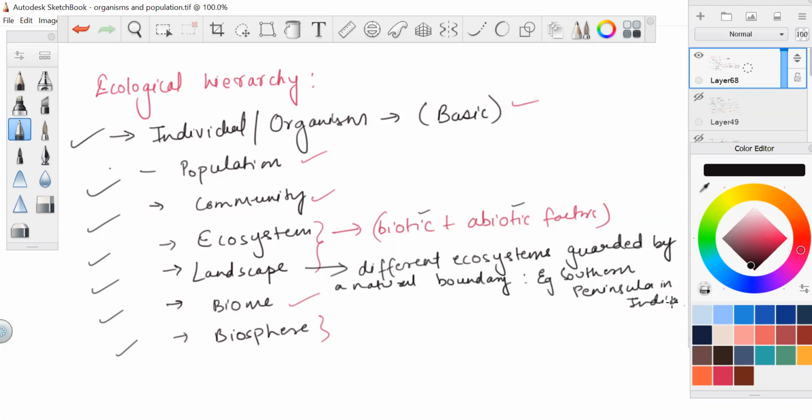What is biosphere? Where all the living beings live. It is actually the highest of the hierarchical position, biosphere. So it will have all biomes. You can write: sum total of all biomes present in environment or earth.